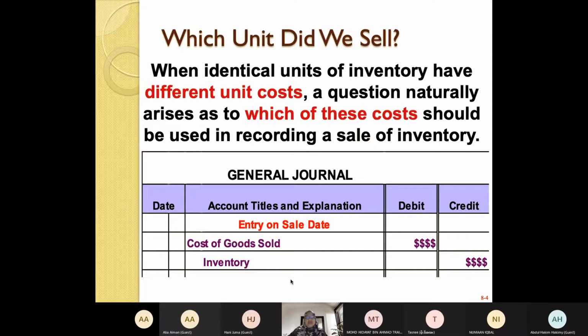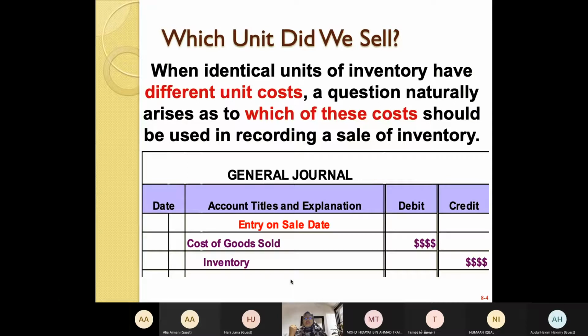When you make sales, you have so many types of inventory that you sell. Just now the example was the dealer that sells motor vehicles. When you sell a motor vehicle, it is very specific which motor vehicle you sell.